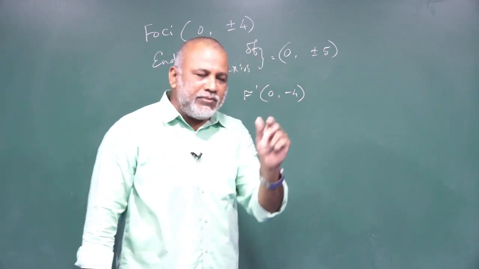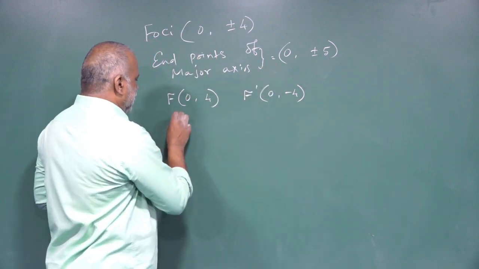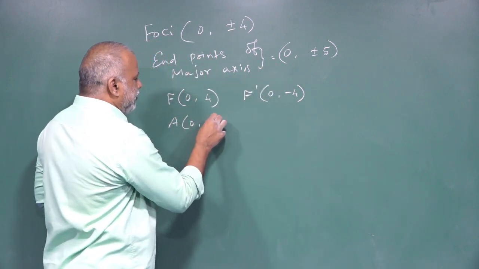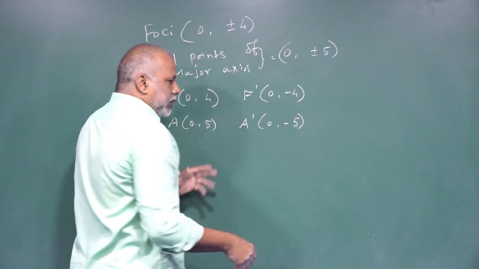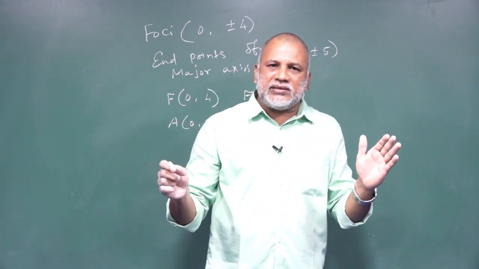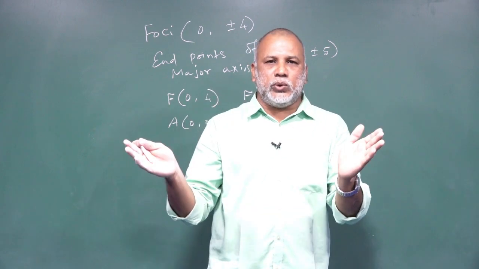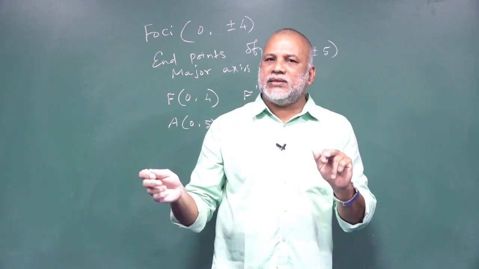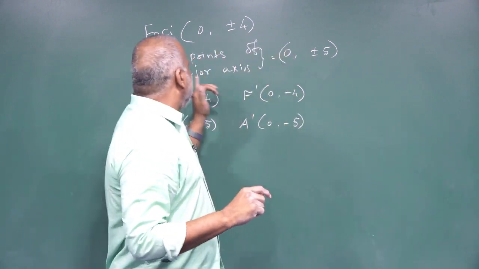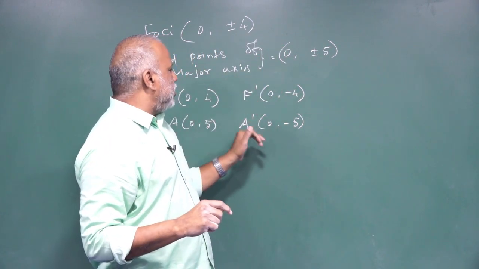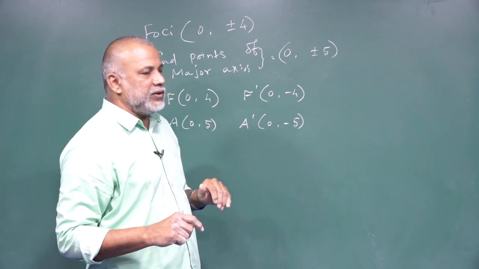So here A must be 0, 5 and A dash must be 0, minus 5. You have to analyze what is the meaning of major axis. We already explained that A A dash equal to 2A is called the length of the major axis. That means A and A dash must be the endpoints. So endpoints of the major axis must be 0, 5 and 0, minus 5.